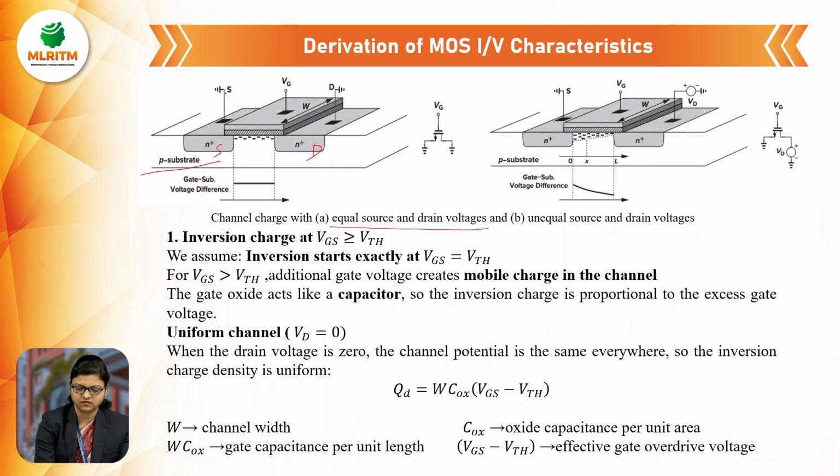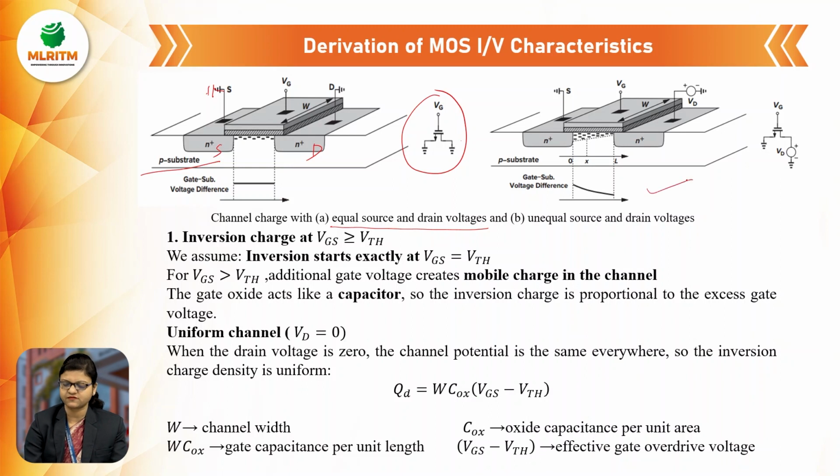The source is connected to ground and the drain is also connected to ground. In the shorter way, we have represented it with the symbol. This arrow indicates the source region, and this one is the drain. So both the source and drain are connected to ground in this first case.